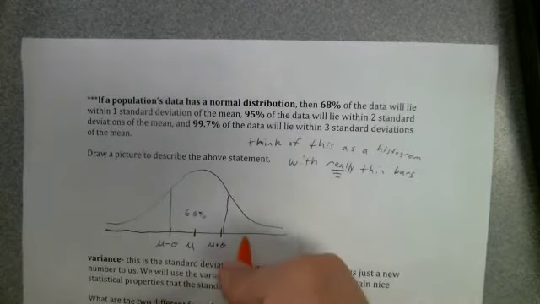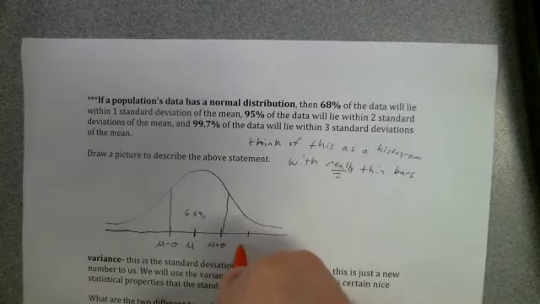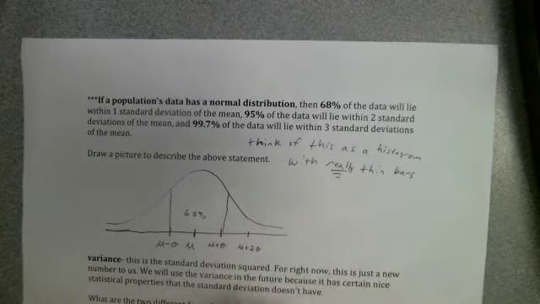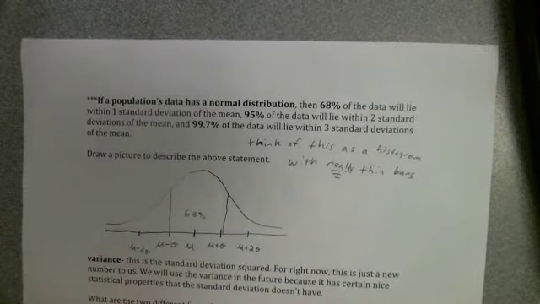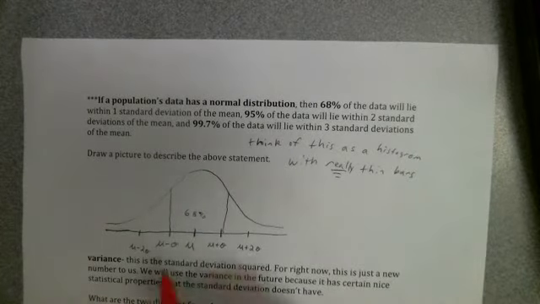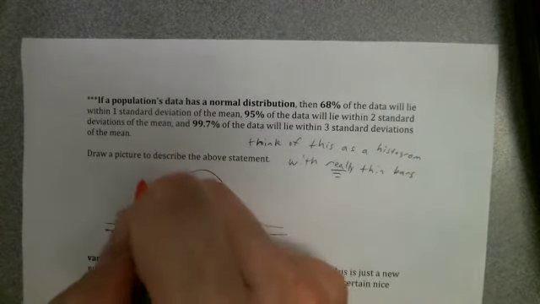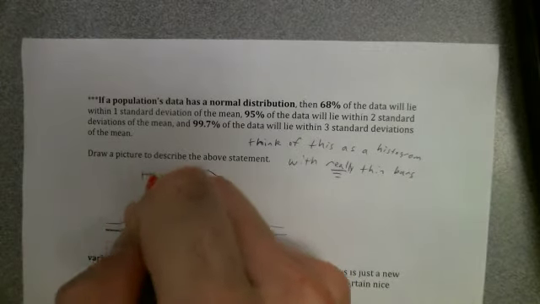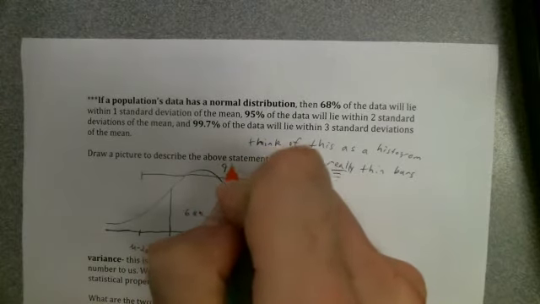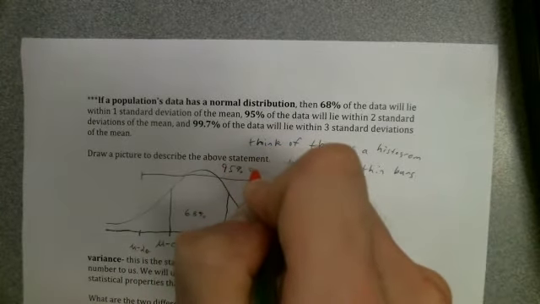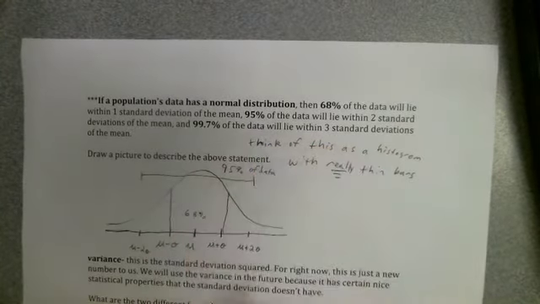All right, if you move out another standard deviation, so you do the mean plus 2 standard deviations, and the mean minus 2 standard deviations, what you would find is that 95% of the data, from here to here, would be contained between those 2 numbers.